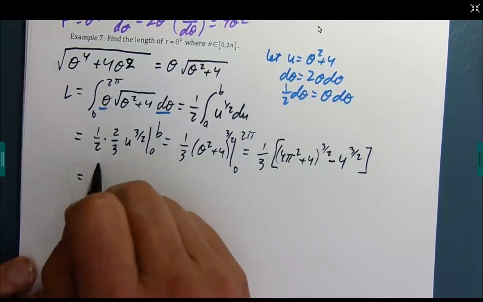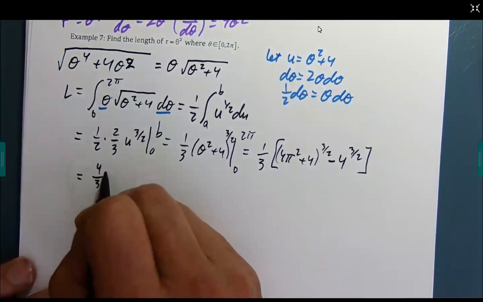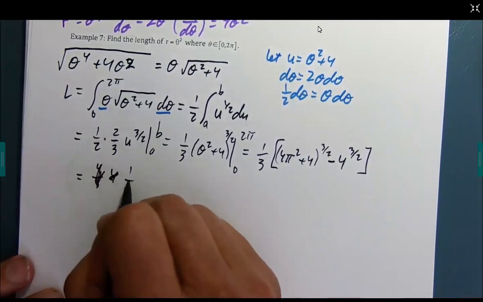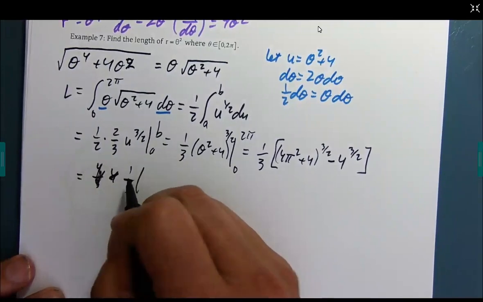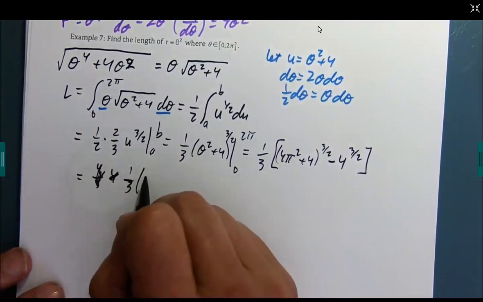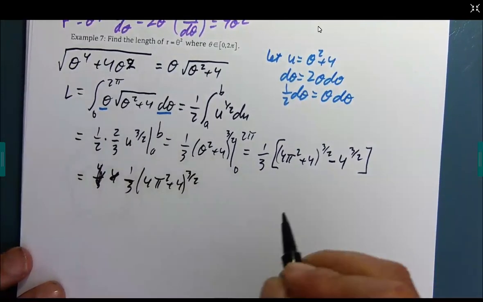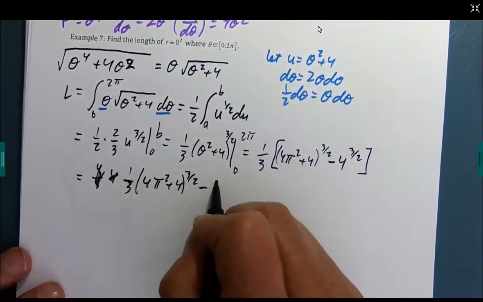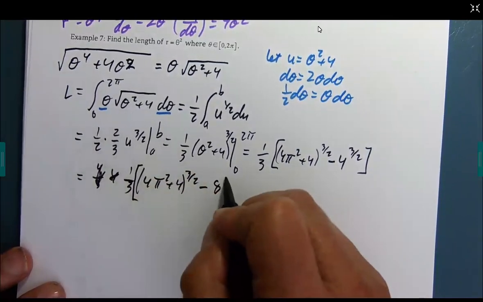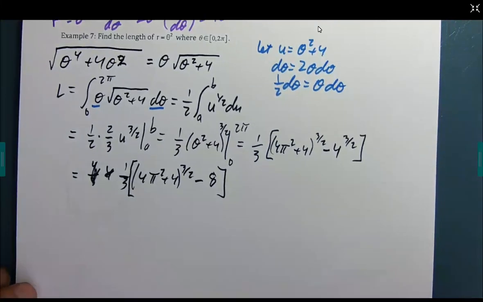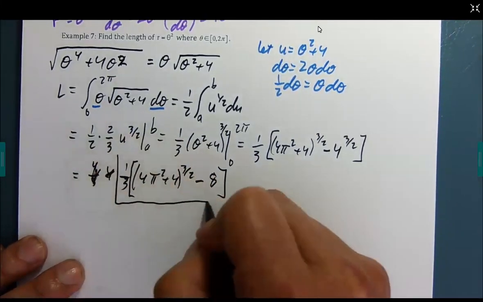So this becomes 4/3. Oh, no, it doesn't. It becomes 1/3 times 4 pi squared plus 4 to the 3/2 minus 8. And I'm just going to stop there. And that is our final answer for that one.